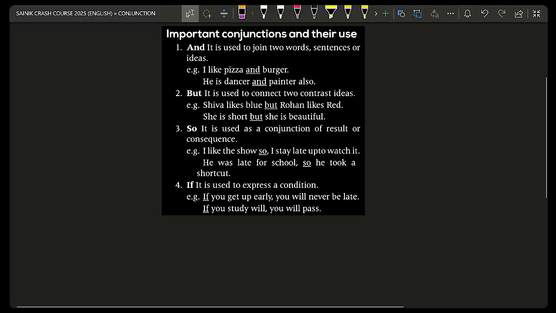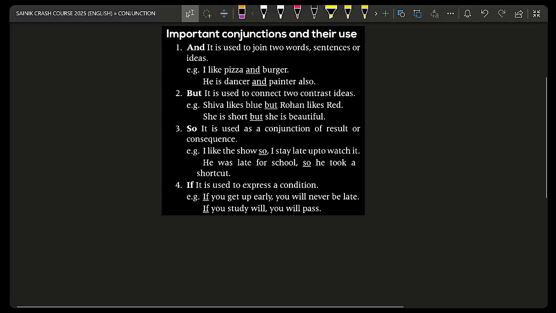But and can be used in the same statement without repeating the subject I. Only once you use I like pizza and burger. But if you use also, the subject should be repeated again. I like pizza and I also like burger. Okay, sir.